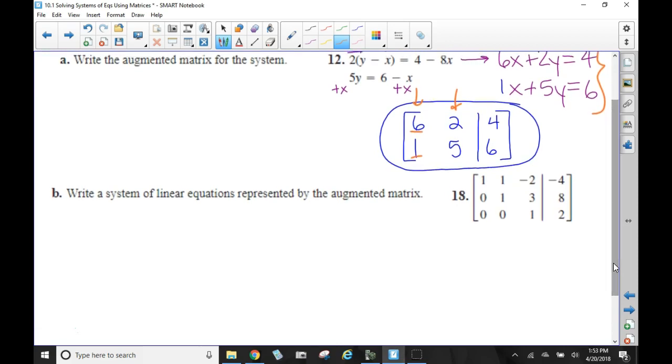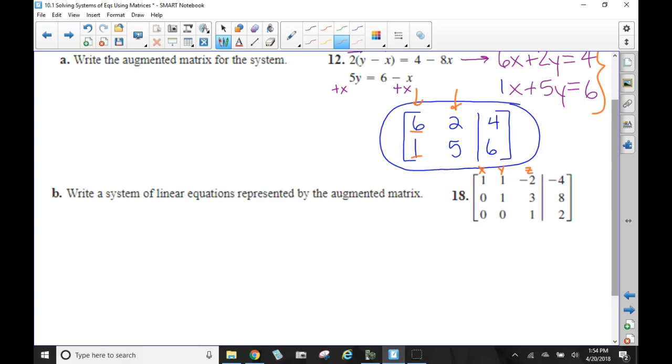Now on number 18, part B, what we're going to do is write out the linear equations that correspond with this given augmented matrix. Down the first column, don't forget that these are all the coefficients of the x's. In the second column, those are the coefficients of the y's, and in the third column, those are the coefficients of the z's.